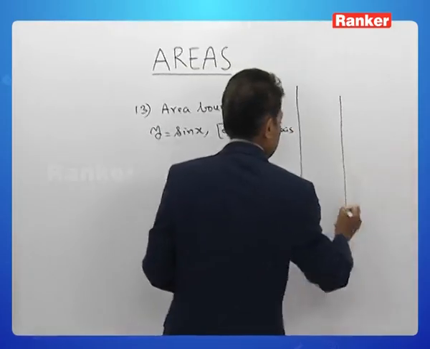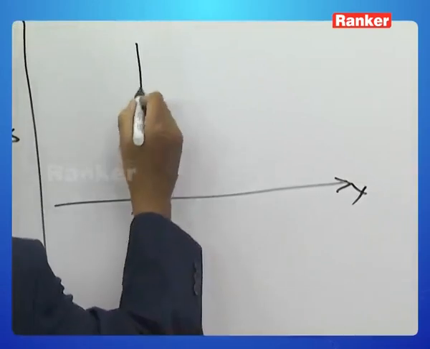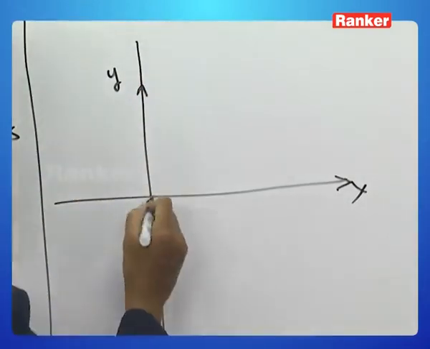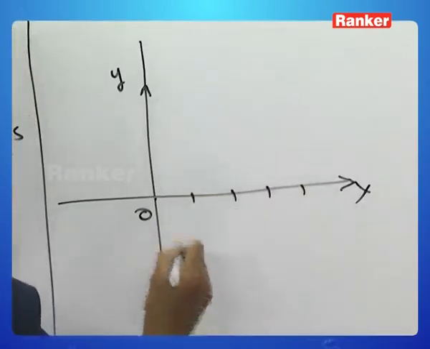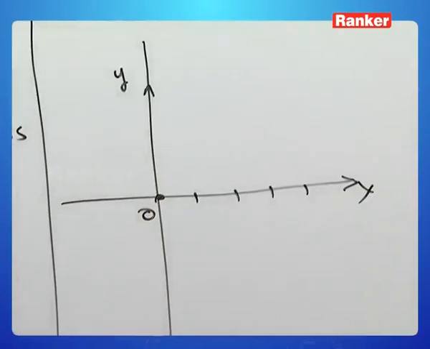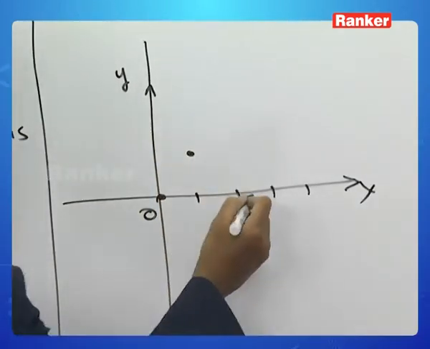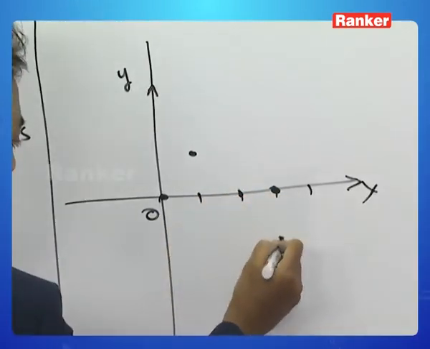So as usual, x axis and y axis. You know very well 0 to 2 pi: 0, pi by 2, pi, 3 pi by 2, 2 pi. Sin 0 is 0. Sin pi by 2 is 1. Sin pi is 0. Sin 3 pi by 2 is minus 1.